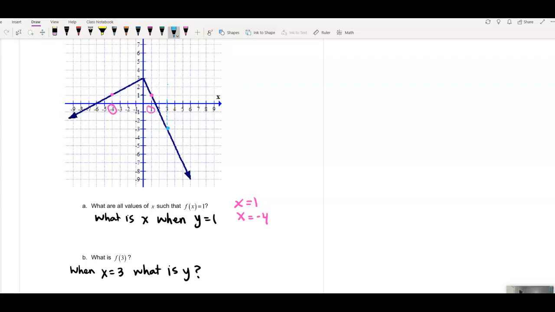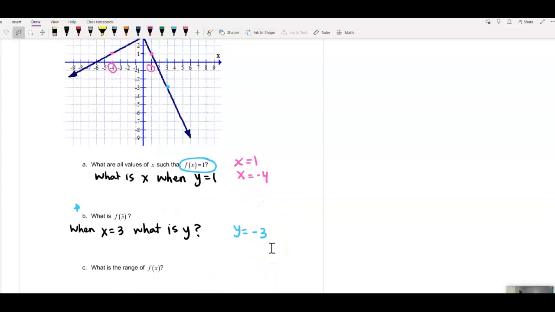So when x is 3, it hits the graph at -3. So y equals -3. All right, so make sure you're understanding whether it's giving you your x or giving you your y. Because a lot of times students miss this question because they're reading it like it was part B, thinking it's saying what is f of 1, but that's not what it's saying. It's saying when y is 1, what is x?